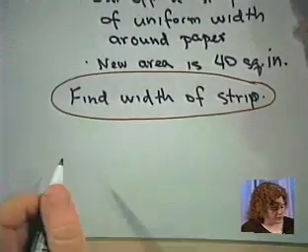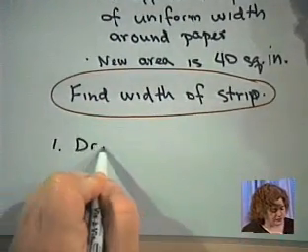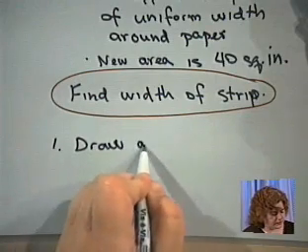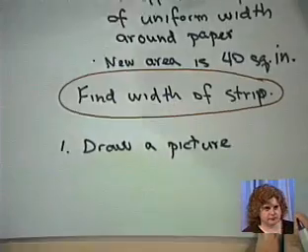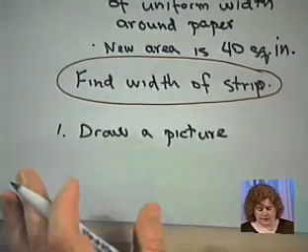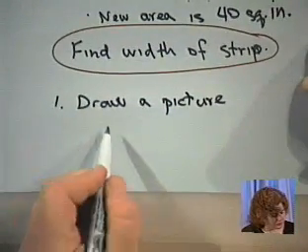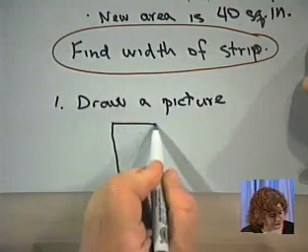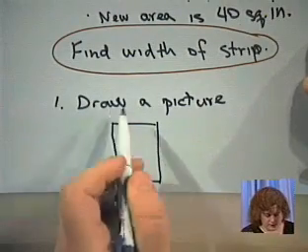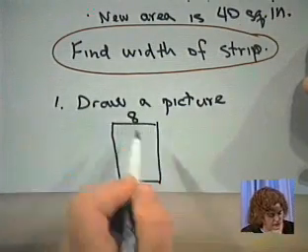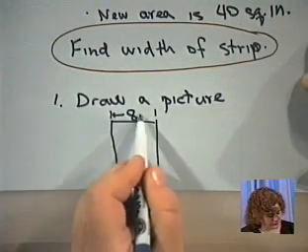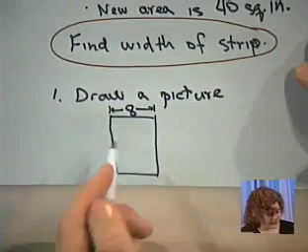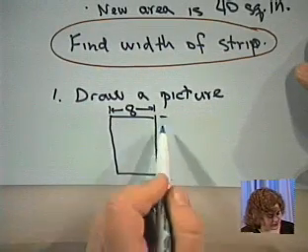Our first move here is going to be to draw a picture. A picture paints 1,000 words, and it really is true. What do we have? Well, we have this piece of paper. It's 8 inches long on one side by 11 inches on the other.